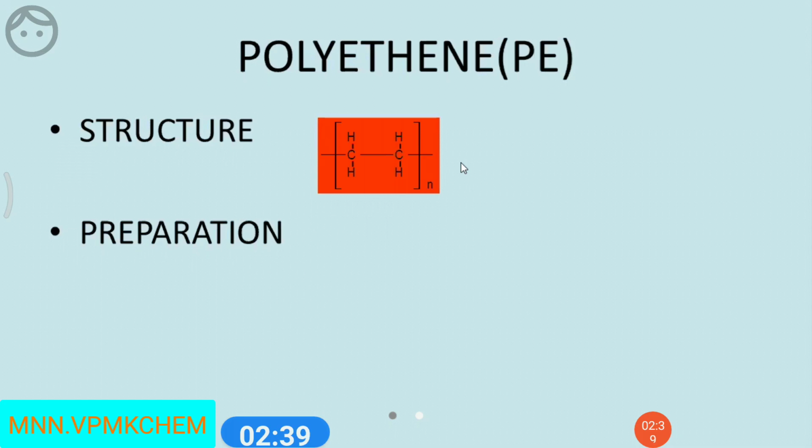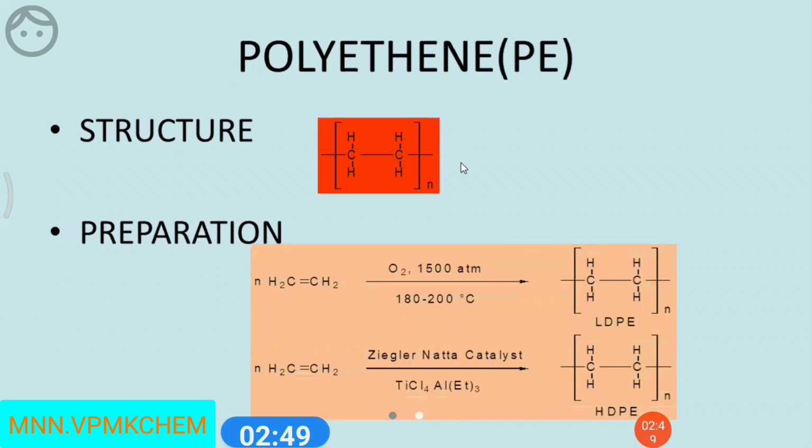Depending upon the reaction conditions used, we get two different types of polyethylene. This reaction can be written like this. In the first, n number of ethylene molecules undergo polymerization in presence of air at 1500 atmospheric pressure and around 200 degrees Celsius.